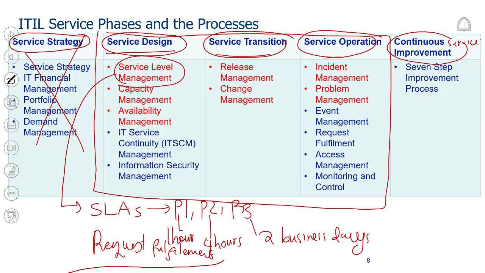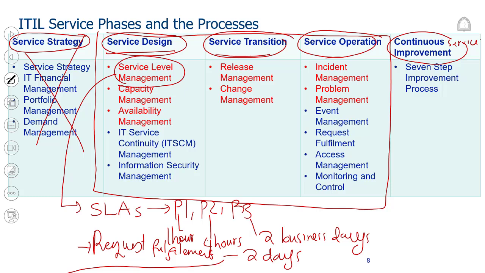If I agree with my customer that that process should take 2 days, I can raise a request fulfillment ticket to the service desk, and the service desk should coordinate that with the technical teams to make sure that I get my laptop, my accounts are created, and everything that I need is ready within those 2 days.